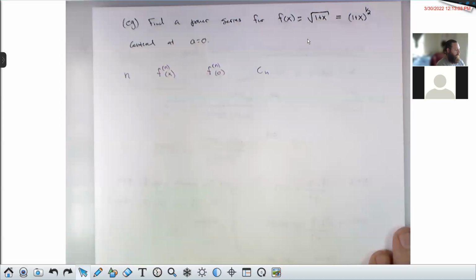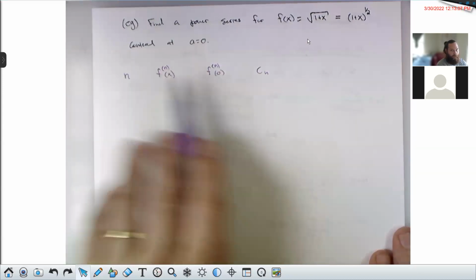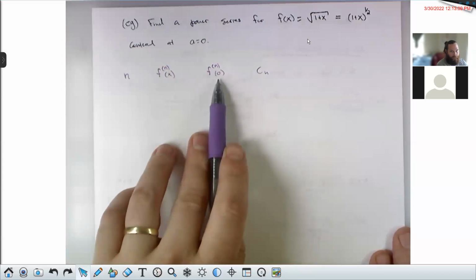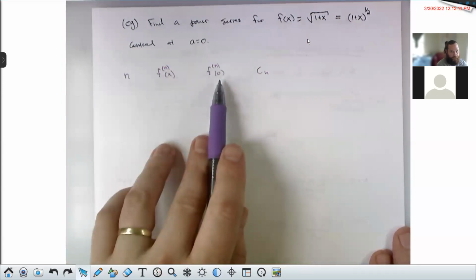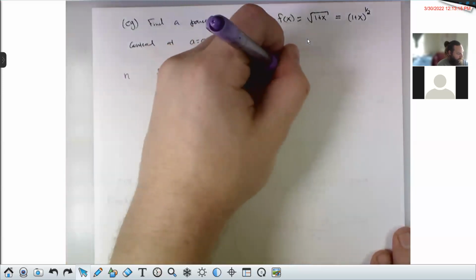The columns for this table, as always, are n, the nth derivative of f, the nth derivative evaluated at my center. So again, here my center is 0, and then Cn, the nth Taylor coefficient.